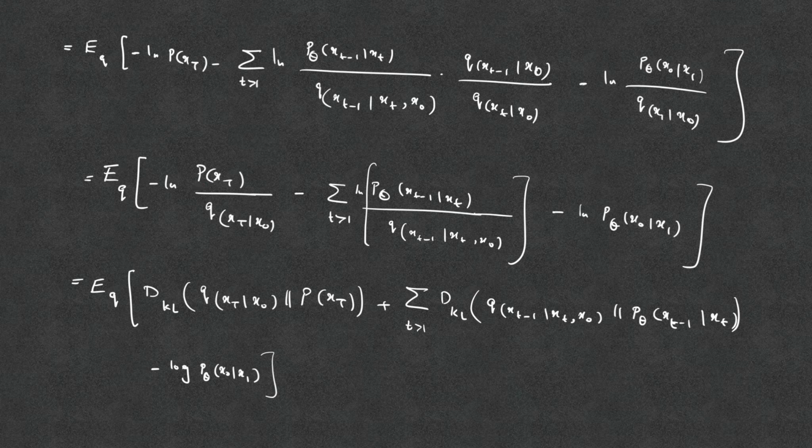You will get the KL divergence between this reference distribution, which is the q of xt given x0, with the prior you had on xt. On this part, you will have the KL divergence between this transitional and this distribution. So again, you have a summation of certain KL divergence terms, and the last one would be this term.